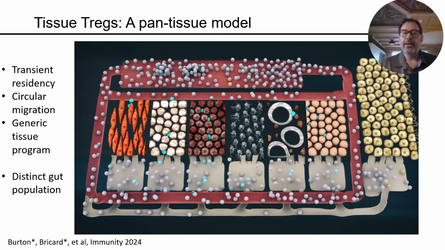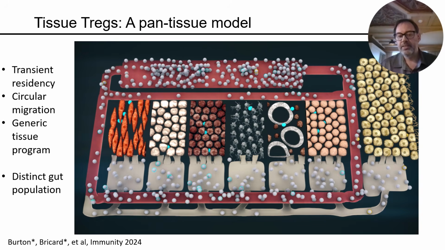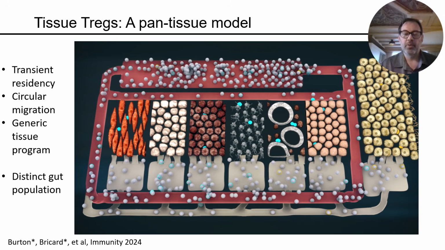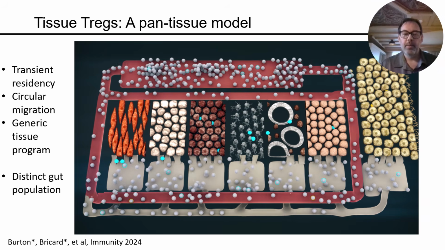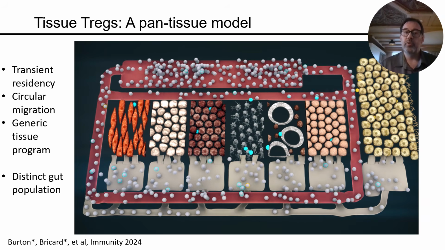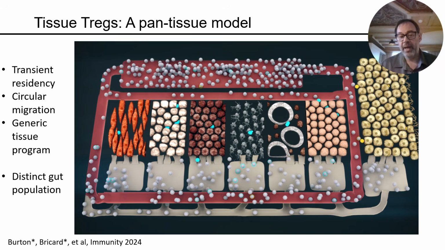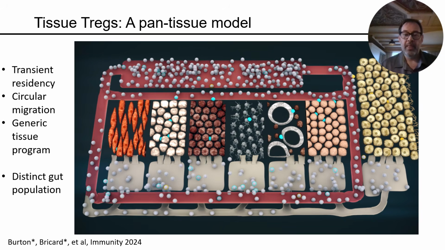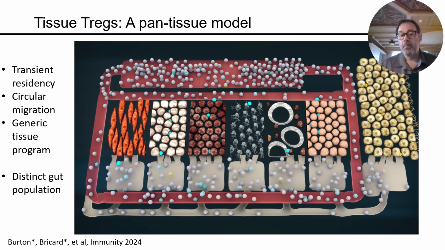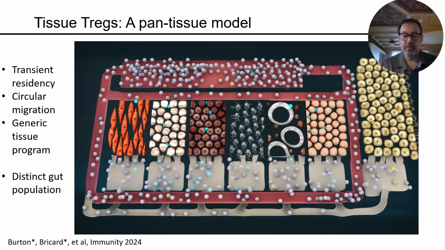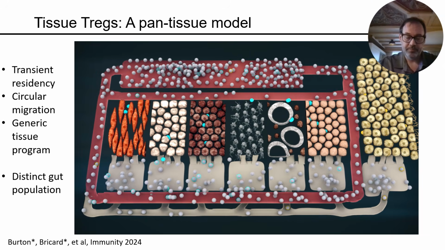But really, it's a pretty generic program. So the program that you see in the lung is very similar to the program that you see in the liver, because it's really only coming on for a few weeks to a few months before that cell is going back into circulation and is possibly going to be migrating through multiple different tissues over its lifespan.